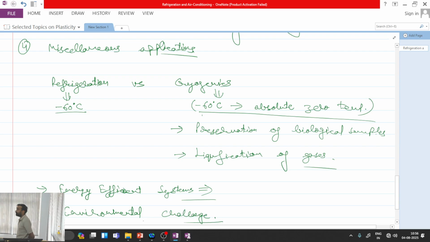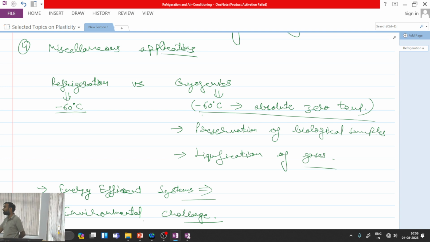Okay, another major challenge is environmental challenge. Nowadays we say that CFCs, maybe you don't know very much in detail about their properties, but one thing we all know now because of the global warming concerns and the environmental concerns, that our ozone layer is depleting.